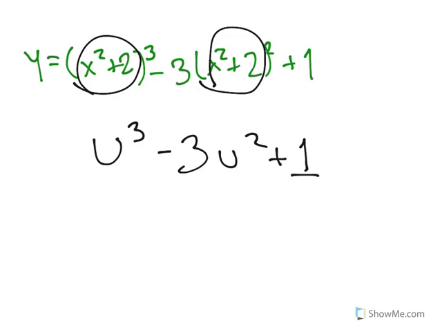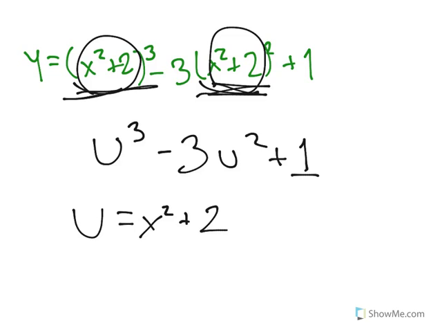And so in this case, just by looking at the similarity between the terms, we can decide that u is equal to x squared plus 2. By doing so, we have simplified our lives.